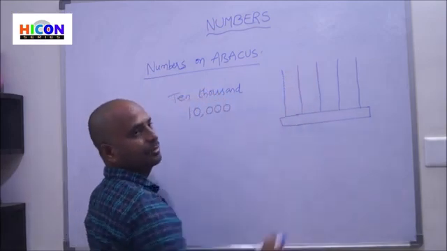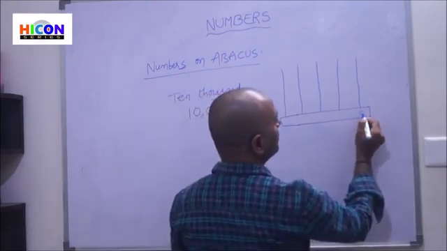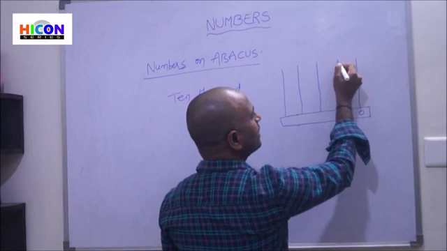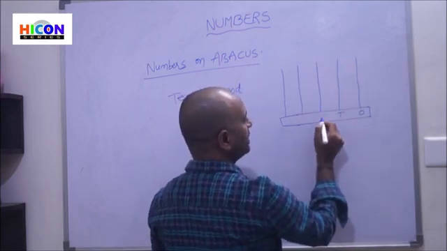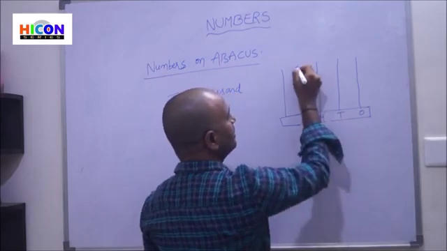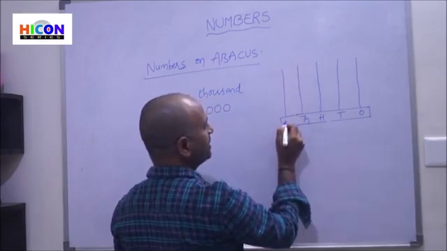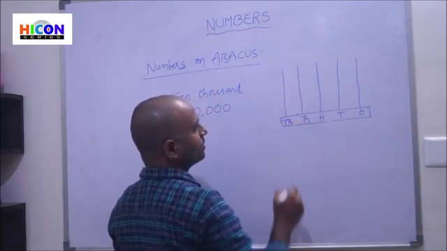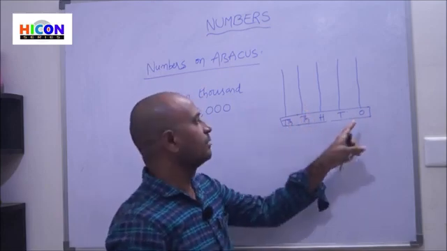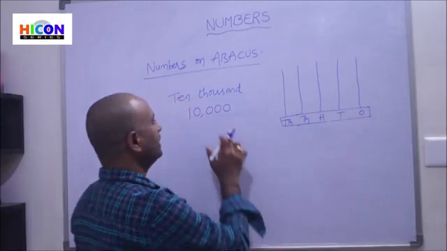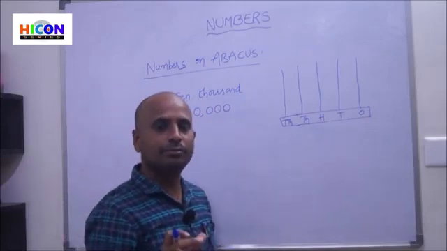Each stick represents a place. This stick represents ones place, this stick represents tens place, this stick represents hundreds place, this stick represents thousands place, and this stick represents 10,000s place. In this way each stick in the abacus represents a place and each digit in the place can be represented by using beads.